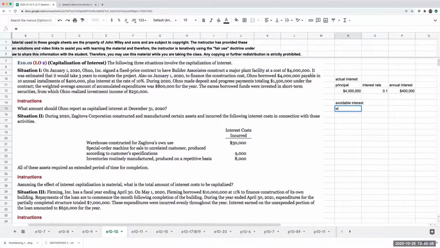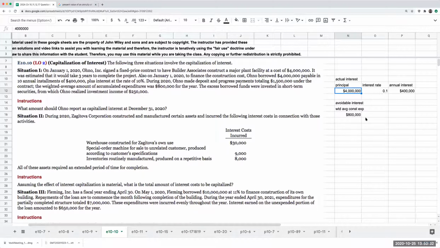For this one here, we have weighted average construction expenditures of 800,000. That number is given to us right over here. And what we're going to do is use a rate of 10%, because what I do first is see, is there any construction specific debt?